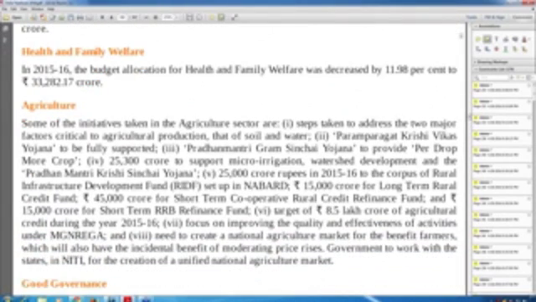Agriculture. So in agriculture, you just need to see some of the major schemes which we have already seen. कृषि विकास योजना, Pradhan Mantri Gram Sinchai Yojana to provide per drop more crop.